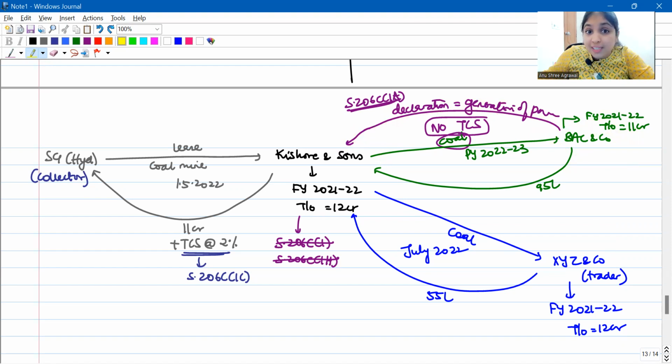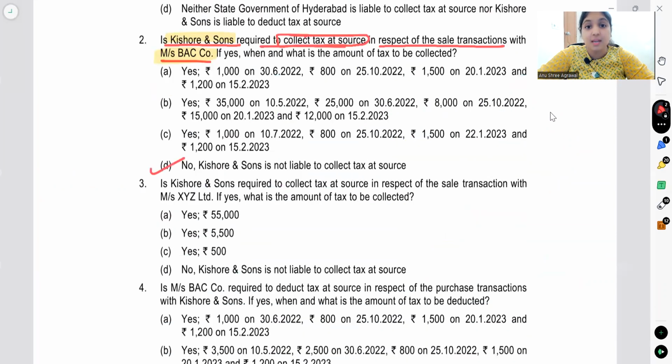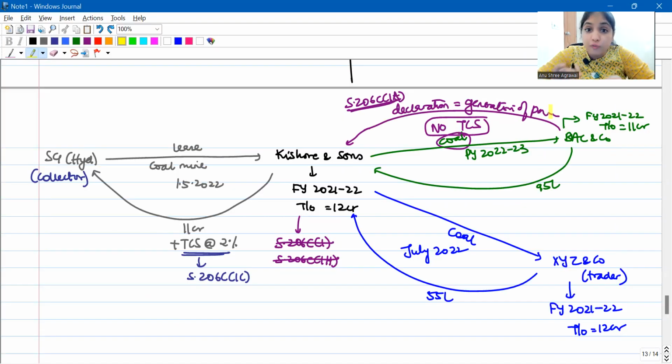I'm not going to trade in the goods. I'm going to use the goods for generation of power. So, no TCS at all. So, no, Kishore and Sons is not liable to collect any tax at source. Even this we have discussed. No TCS. Why? Because you know very well, if there is 206C1A declaration, then no TCS at all.